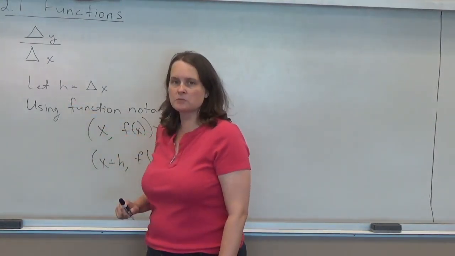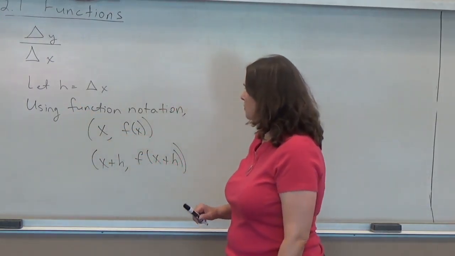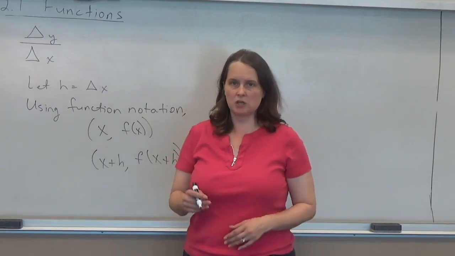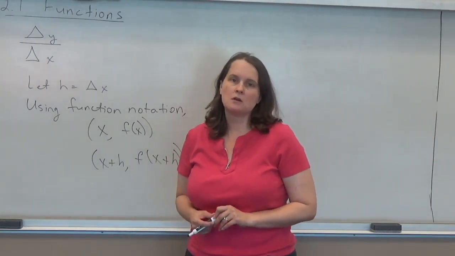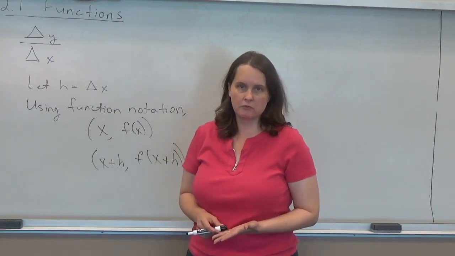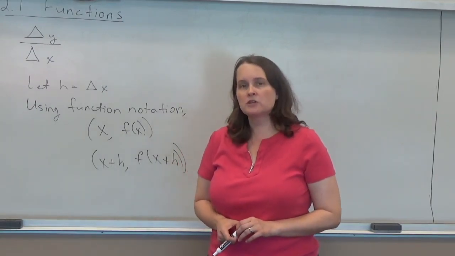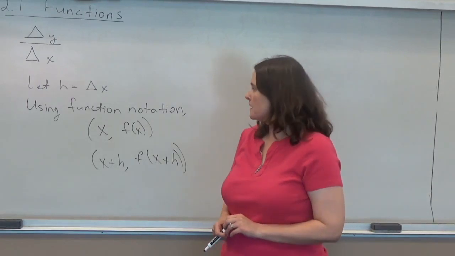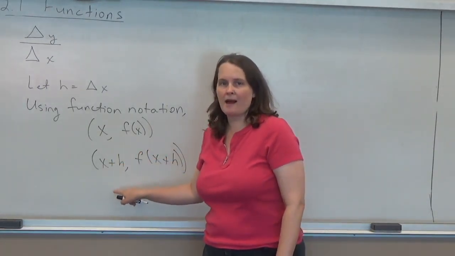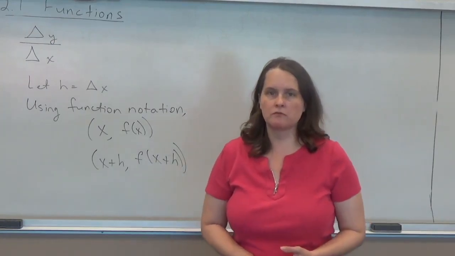We're also going to leave the xy notation and go to function notation. If we replace the y's from our slope formula with function notation f of x, it brings us to these two ordered pairs. This is what's been graphed in your notes in the figure that I've drawn for you.